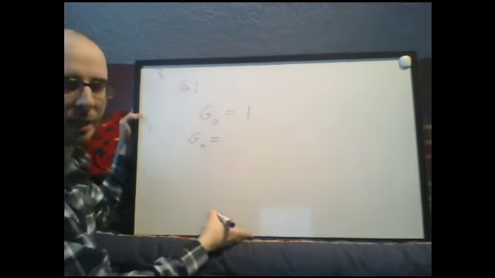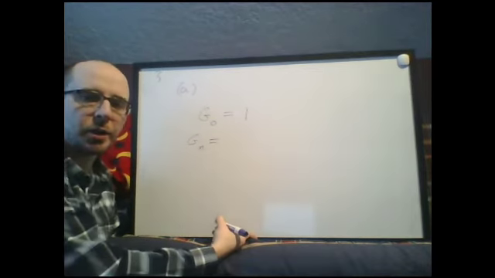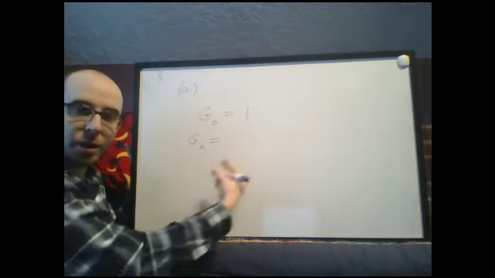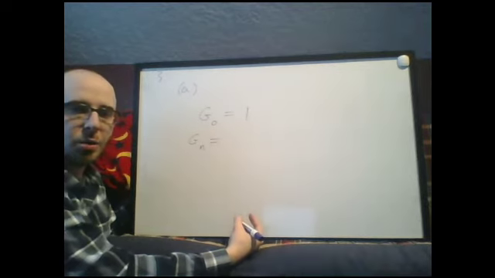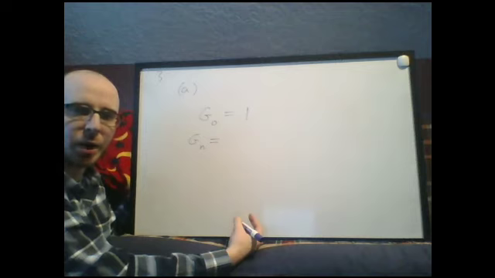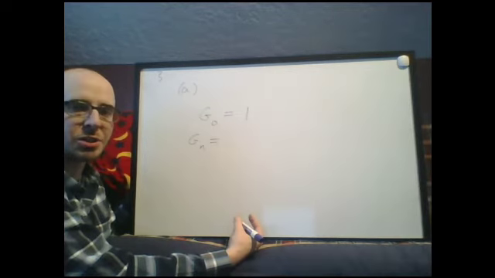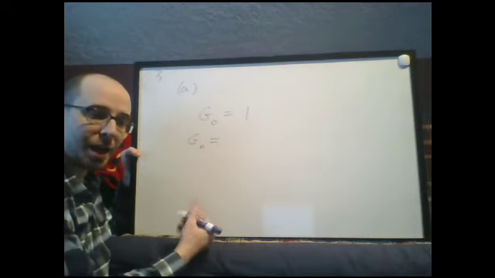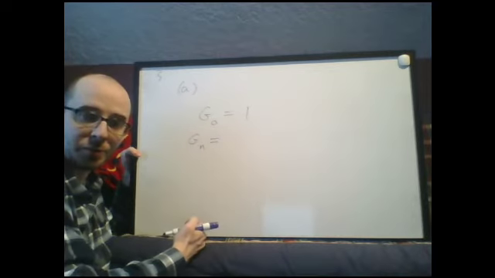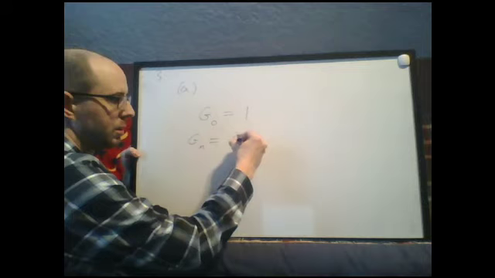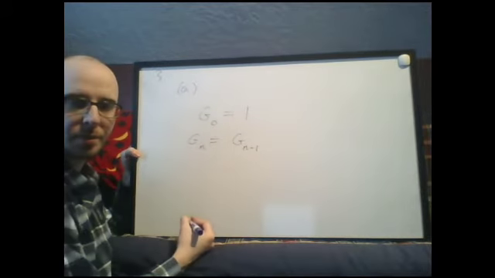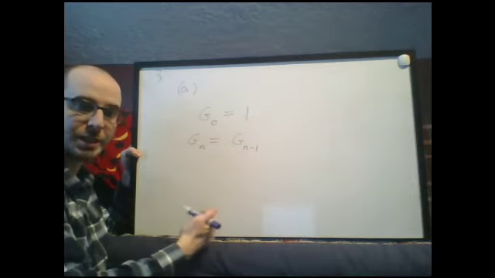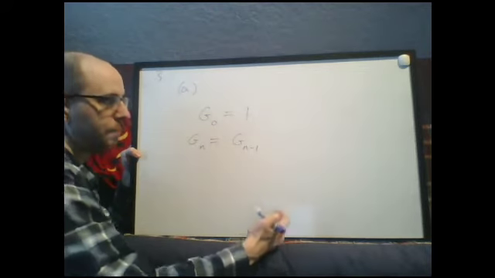The Gn, we need to figure out from the rest of the problem, how do we figure out Gn from previous years? Well, let's do it in kind of a systematic way. Let's think about the start of year n. At the beginning of the year, we have all the gnomes that survived the previous year. So that's Gn minus 1. Every gnome that was alive at the end of the previous year is alive at the beginning of the next year.